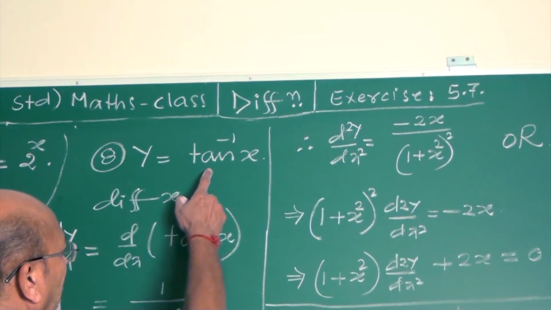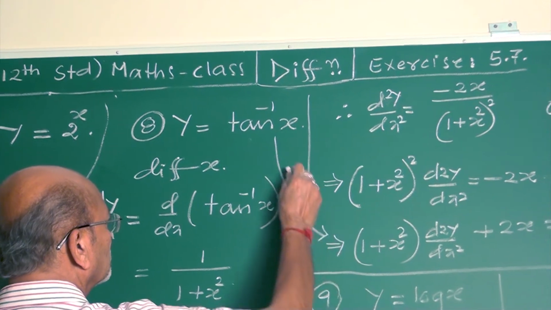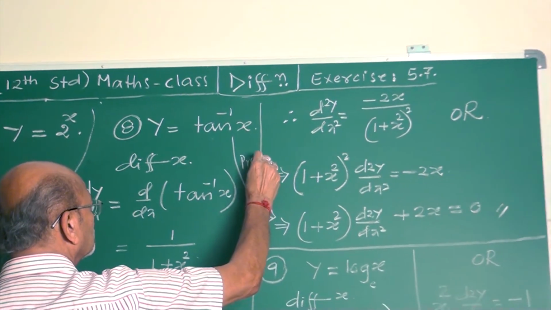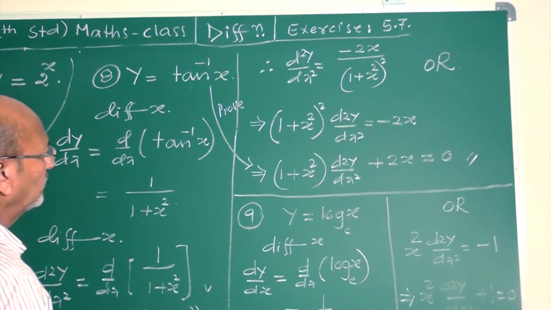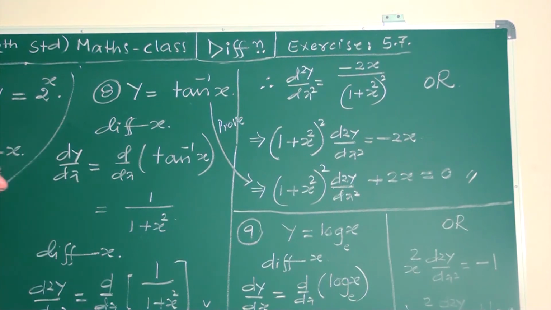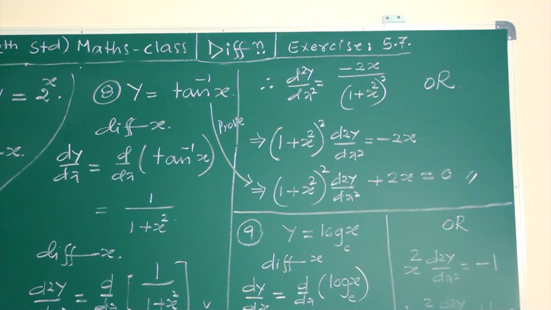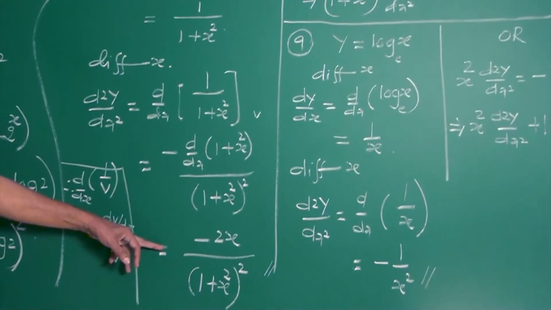Sometimes the friend will ask in a different way. If y equal to tan inverse x, then prove this, my friend. Prove 1 plus x square whole square into d2y by dx2 plus 2x equal to 0. Yes. This, my friends. Same.